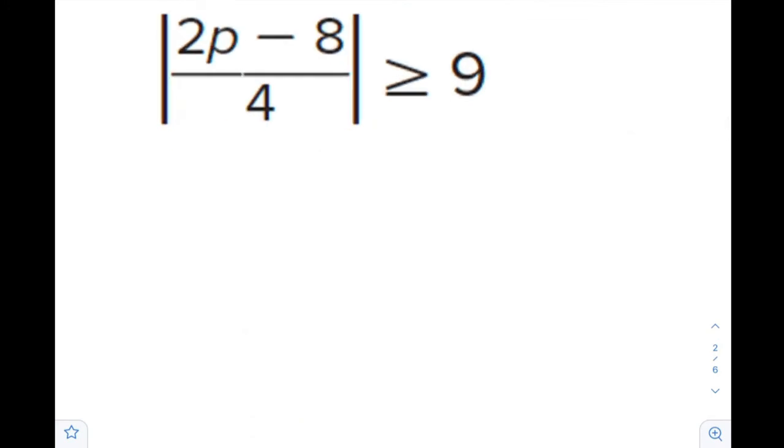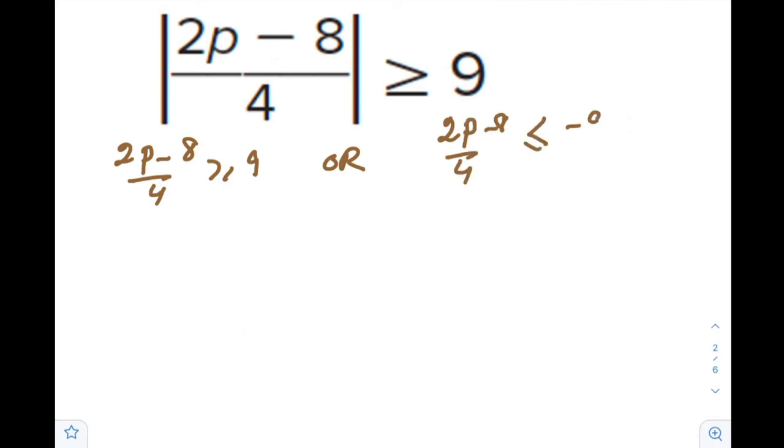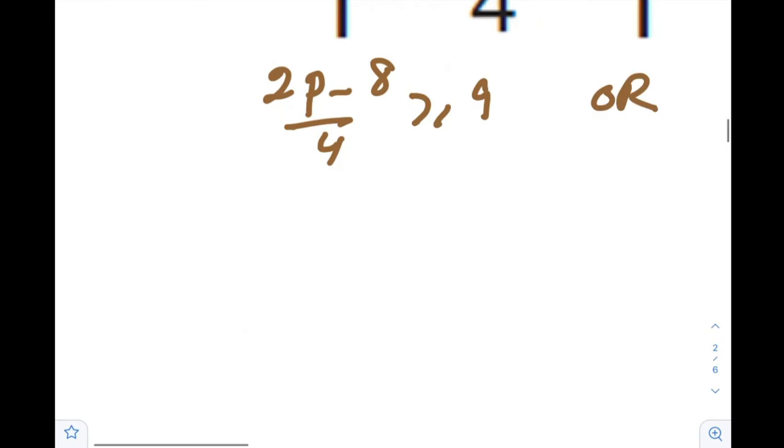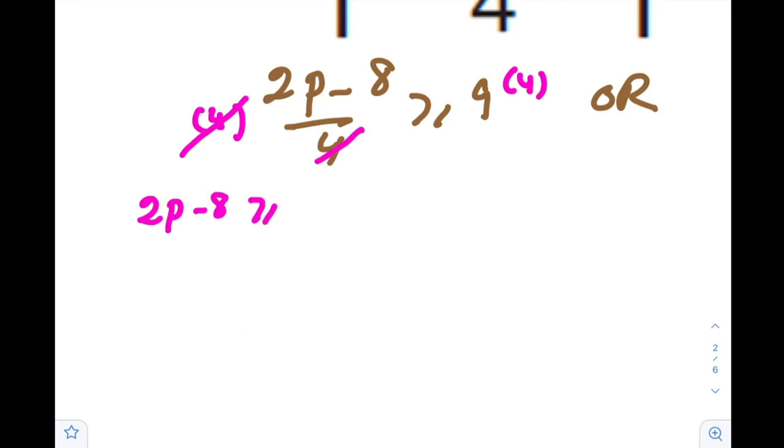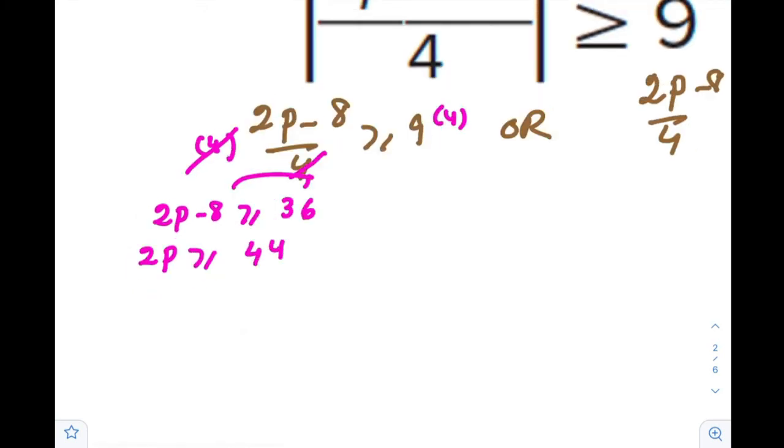Okay, here we can still divide our work into two different inequalities combined with OR. Remember, get rid of this OR. So we have 2p minus 8 more than or equal to 36. So 2p equals 36 plus 8, which is 44.